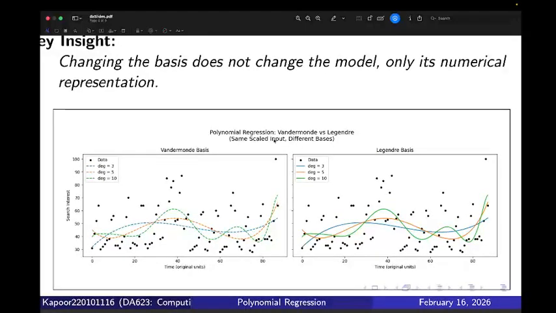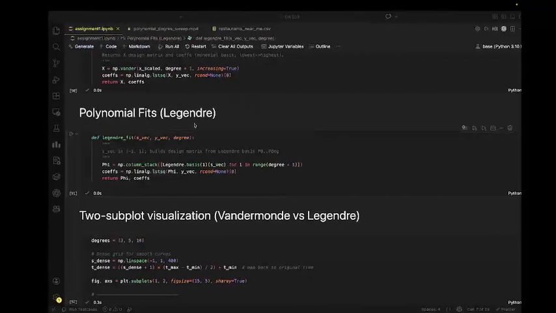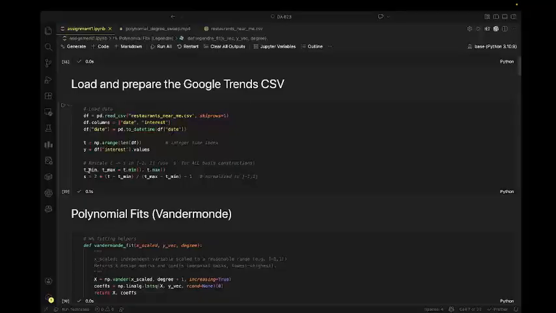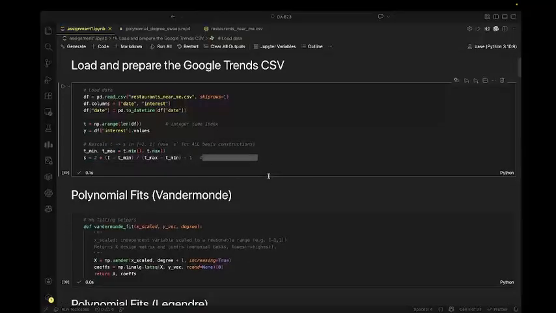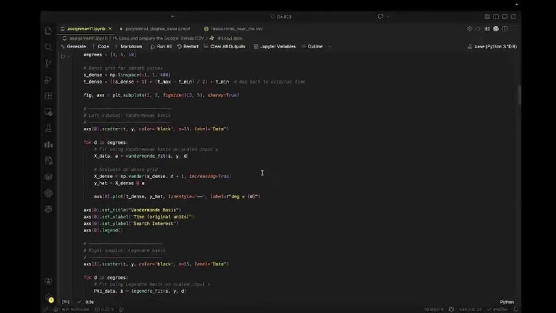We used the scaled input, and we scaled it back to show the representation. Initially we scaled to get s, where s is 2 times (t minus t min) over (t max minus t min), minus 1, which normalizes this to -1 to 1.